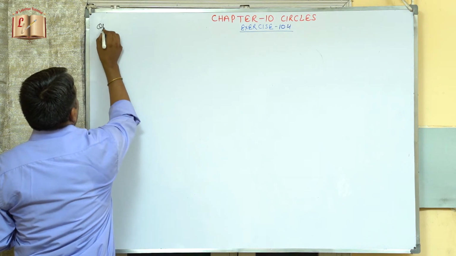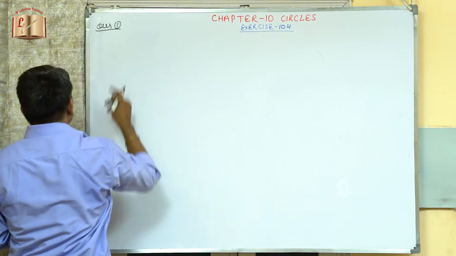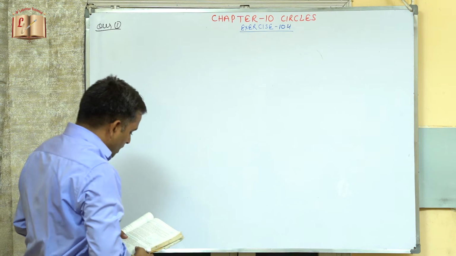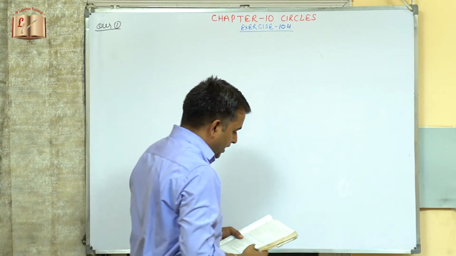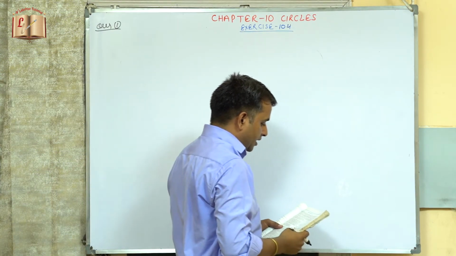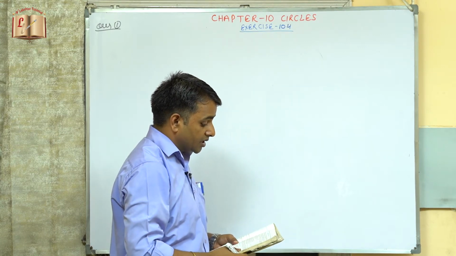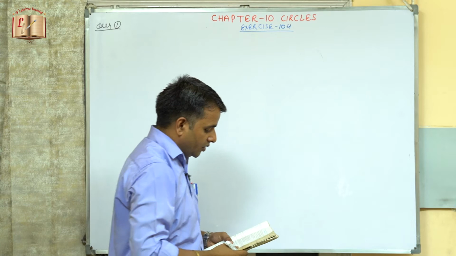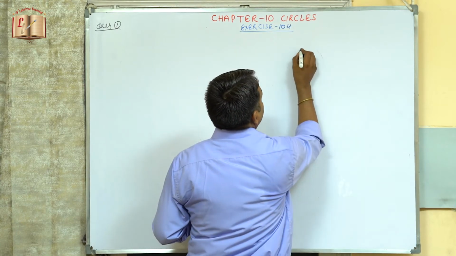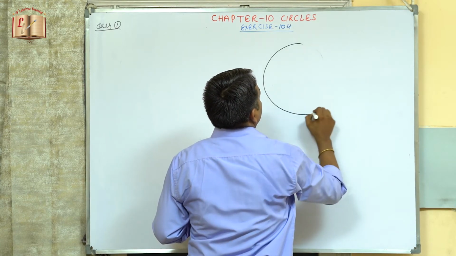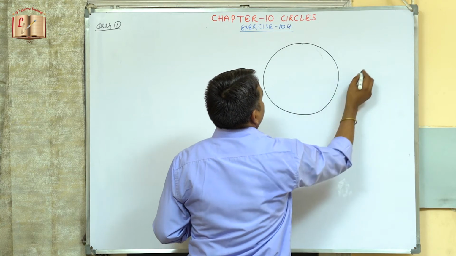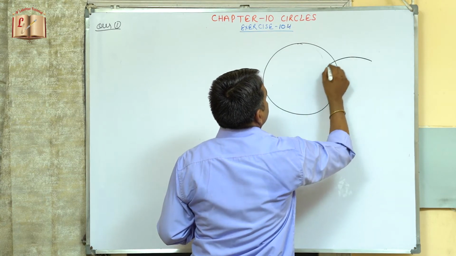Now coming to question number 1. Two circles of radii 5 cm and 3 cm intersect at 2 points and the distance between their centers is 4 cm. Find the length of the common chord. So now this is one of the circles and this is another circle.